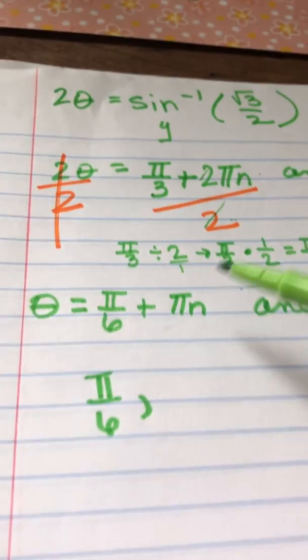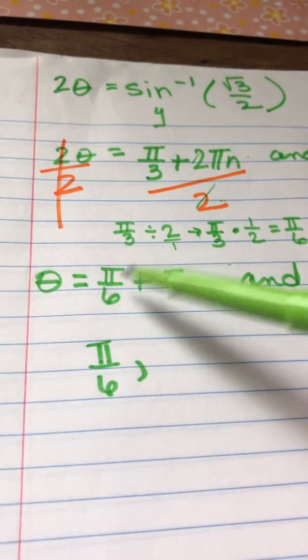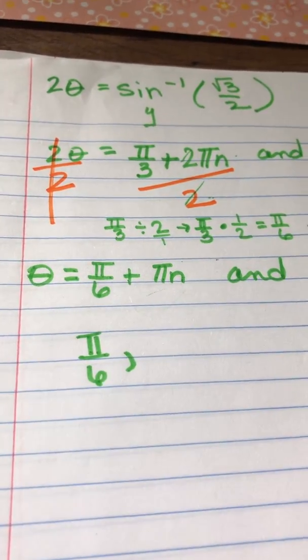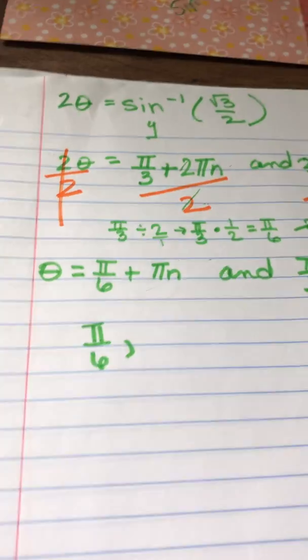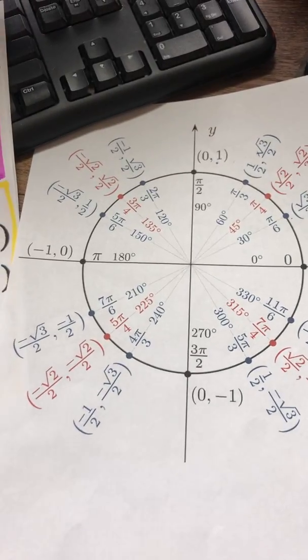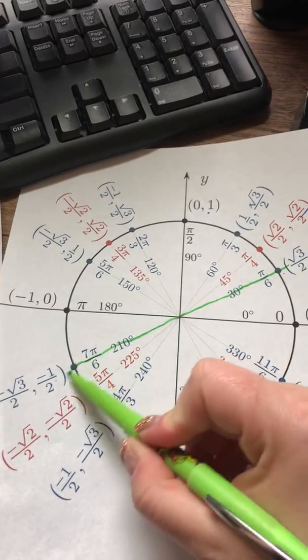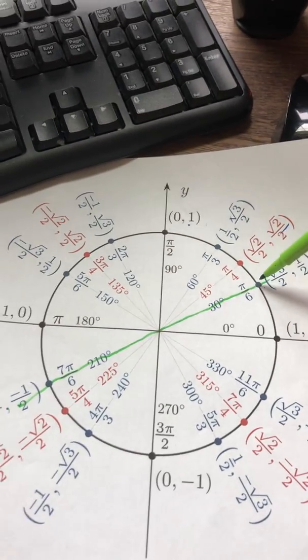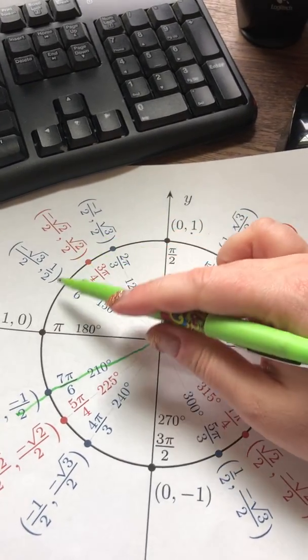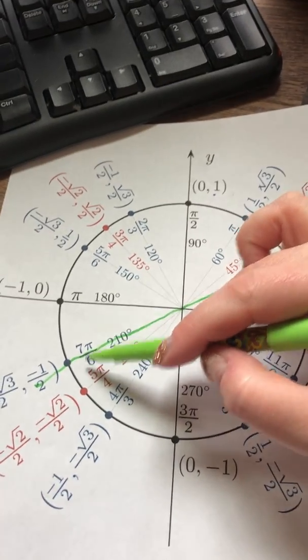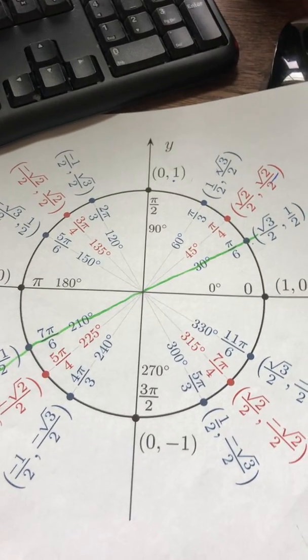Okay, let's try plugging in a 1 to this n. That's pi over 6 plus 1 pi. 1 pi is 180 degrees, so let's look at our circle. Here's pi over 6, and we're going to add 1 pi, 180 degrees, and we end up at 7 pi over 6.